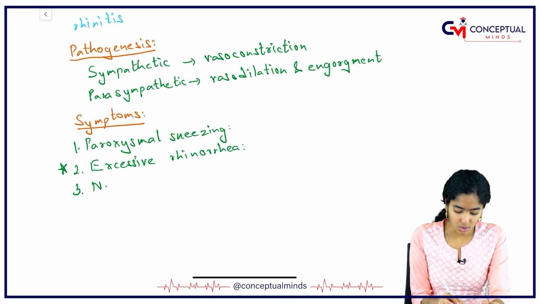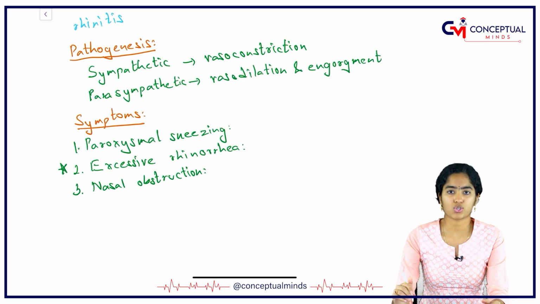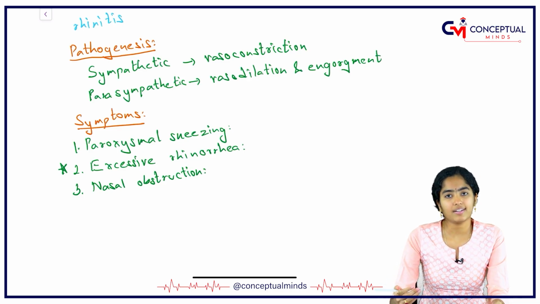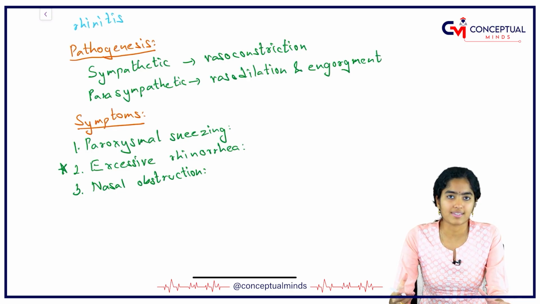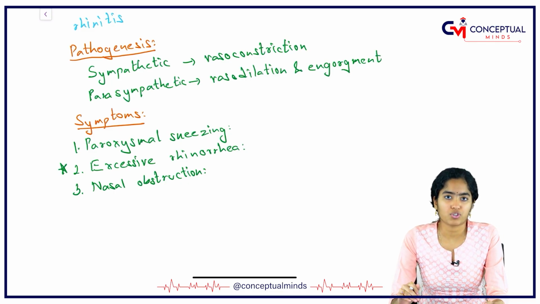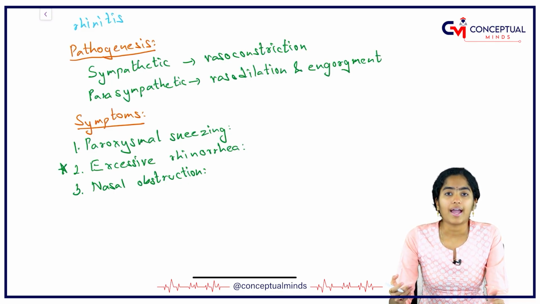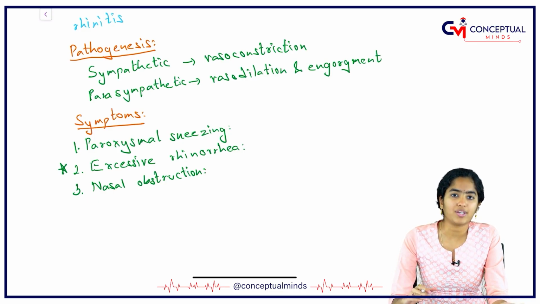Next is nasal obstruction. Why is there nasal obstruction or nasal stuffiness? One, because of these heavy secretions, and second is because of the engorgement of vessels. Engorgement of vessels and the mucosa itself will lead to nasal obstruction. And this nasal obstruction is more marked in the night, and that too to whichever side the patient is sleeping.